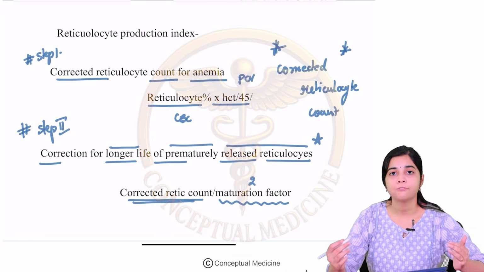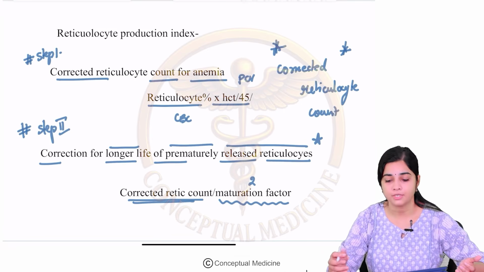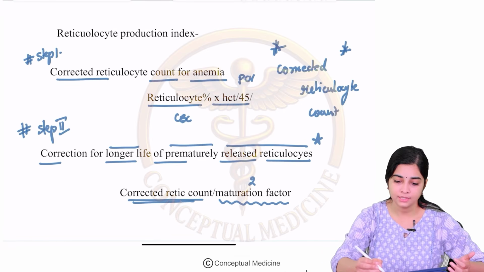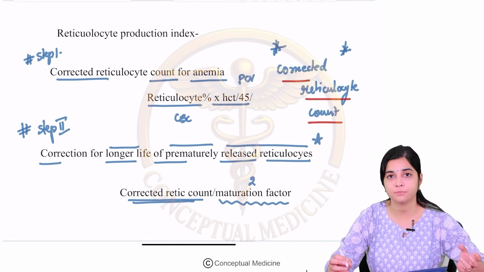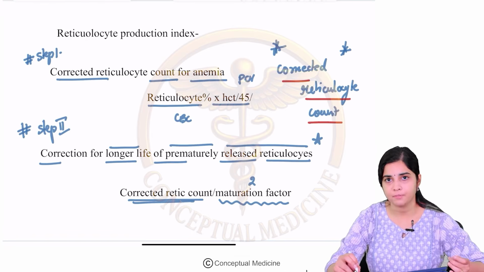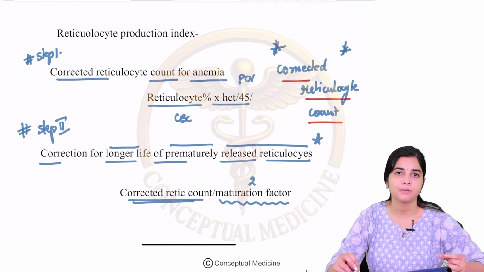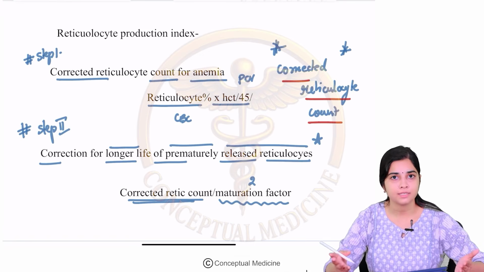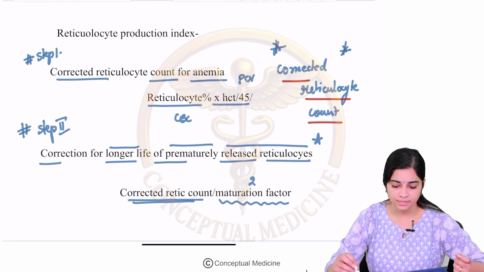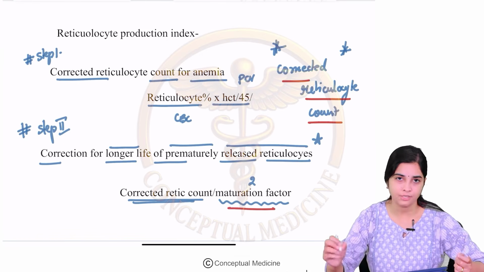So when you have to calculate the reticulocyte production index, you have to calculate the corrected retic count, which is basically given by reticulocyte percentage, which you obtain from the CBC, into hematocrit by 45, and then you also have to correct it for the time frame that the immature reticulocyte spends in the blood, and that is given by the corrected retic count divided by the maturation factor.